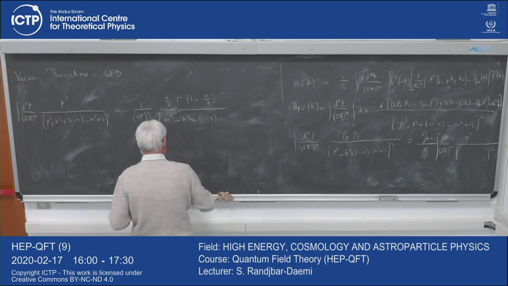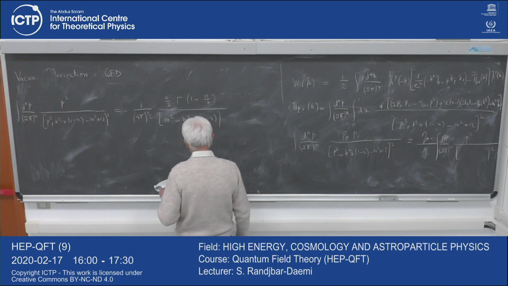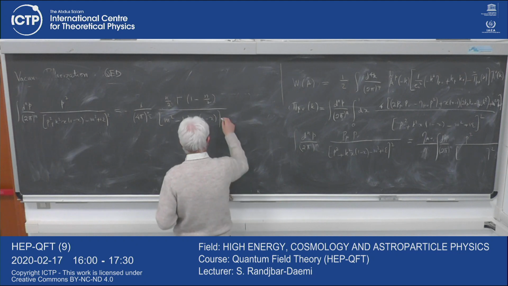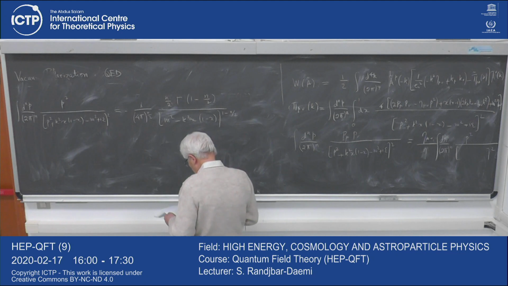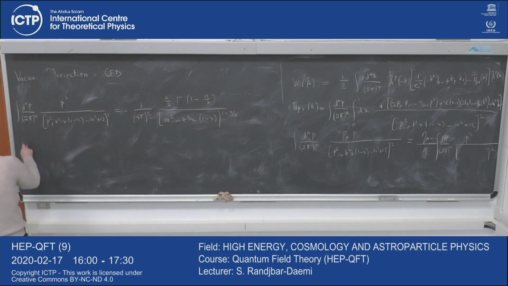This is the expression that we had called a squared in our previous calculations. Now the power here is 1 minus n over 2. And the other one is with 1 in the numerator, which we had before.